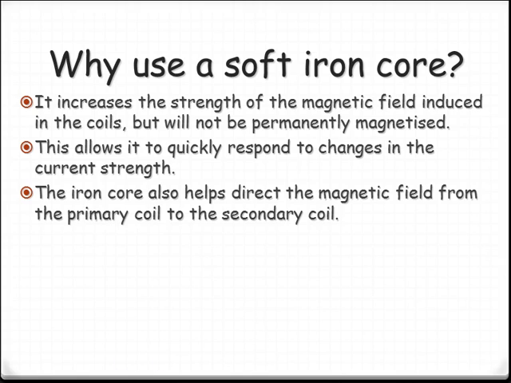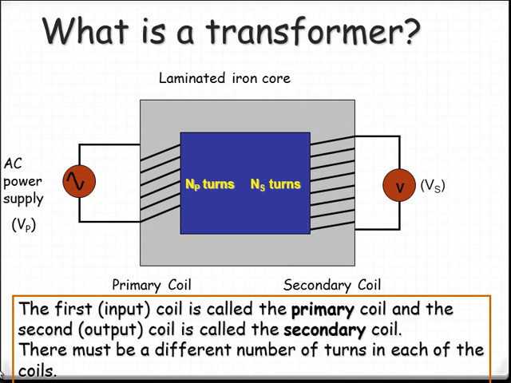So in its simplest form, we would have our AC power supply. It comes in, it's in a coil of N_P turns. The P is for the primary, that's our input coil. And that's going to produce a magnetic field. So basically a coil, or like a solenoid as such, is going to produce that magnetic field.